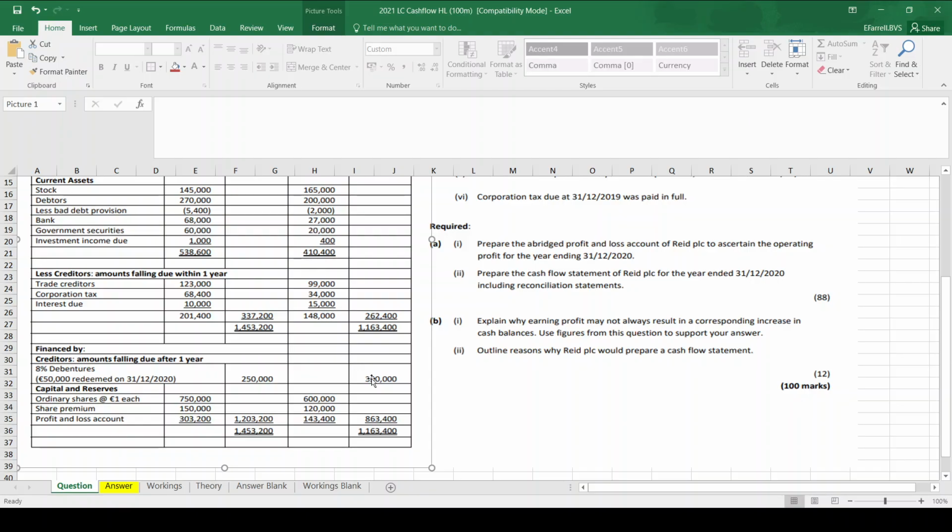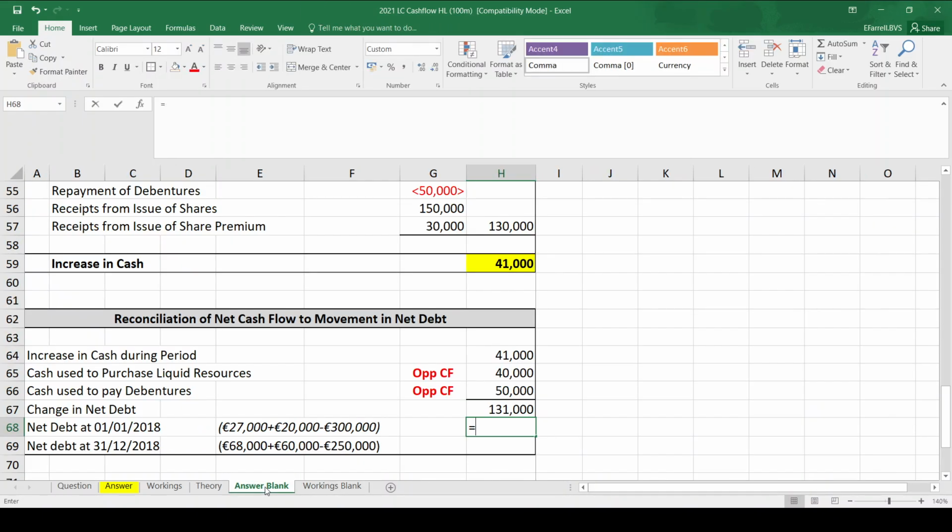There's no bank overdraft here, so my only liability is my long-term loan of 300. So it's 27 plus 20 minus 300,000, which comes to minus 253,000.